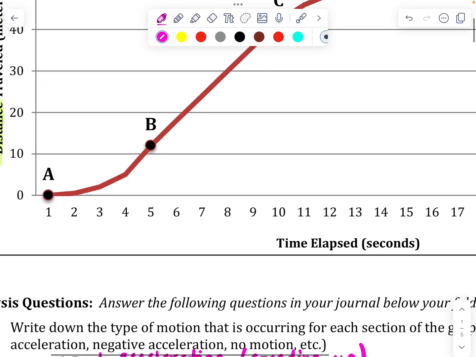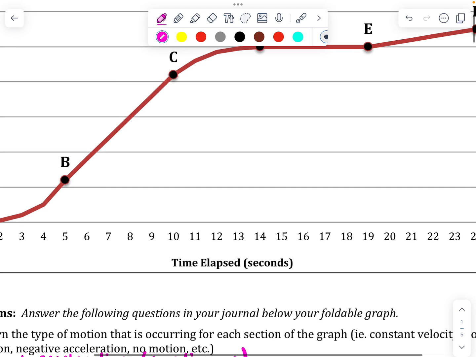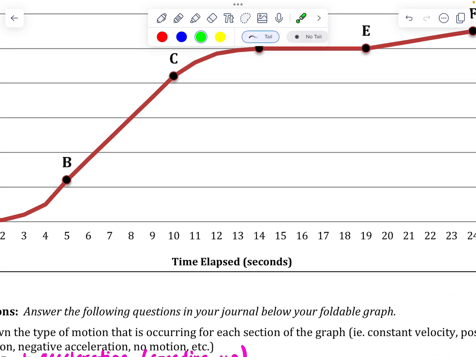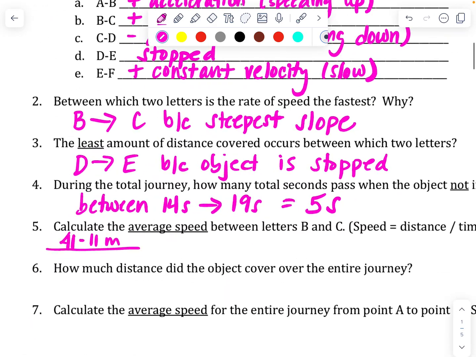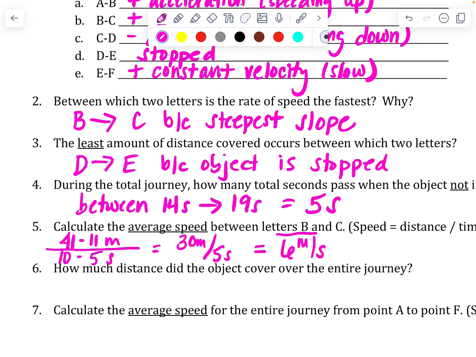Yep, and then our time between B and C, it looks like is probably between 5 seconds here and 10 seconds there. So we'll do 10 minus 5 seconds. So that's going to be 30 meters divided by 5 seconds. And that's going to give us 6 meters per second. That is our speed.